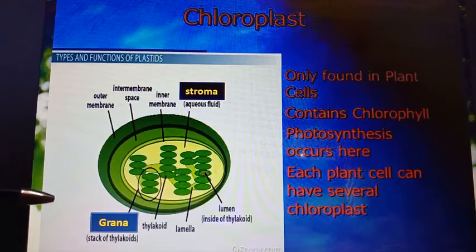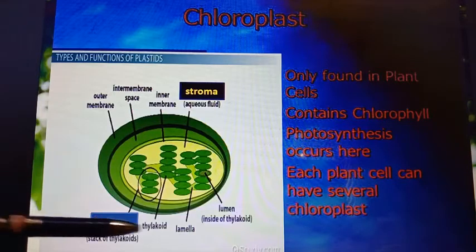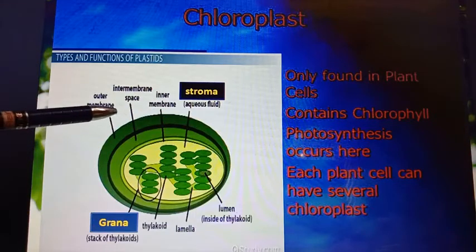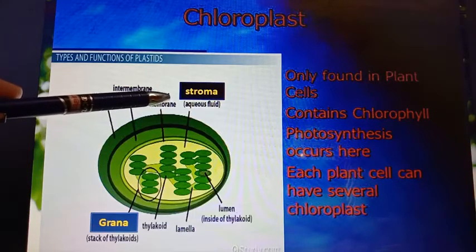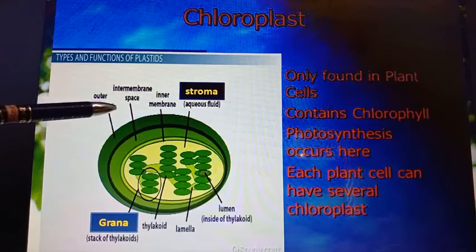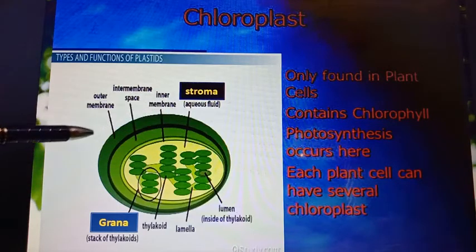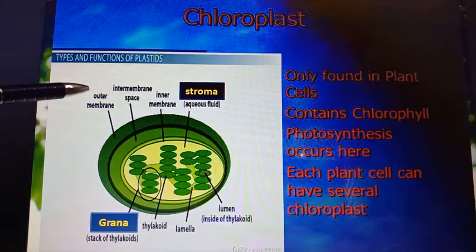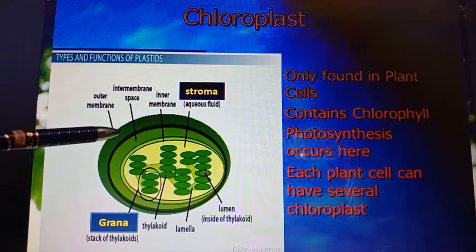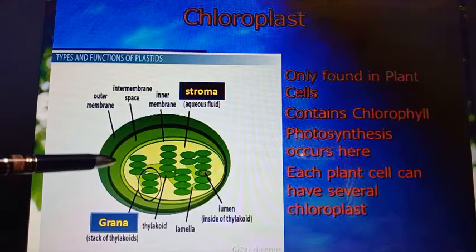If you look at the diagram, you can see that the chloroplast is bounded by two membranes. One is the inner membrane and another one is the outer membrane. This one is the inner membrane and this one is the outer membrane. In between the inner and outer membrane, there is the intermembrane space.